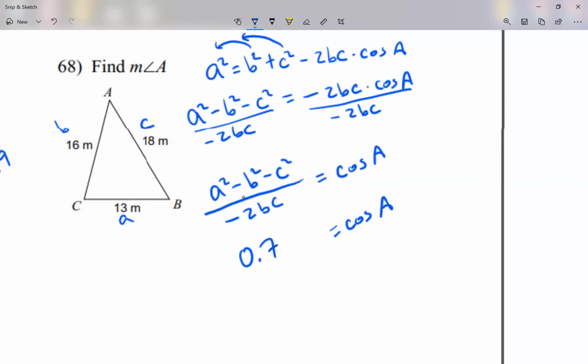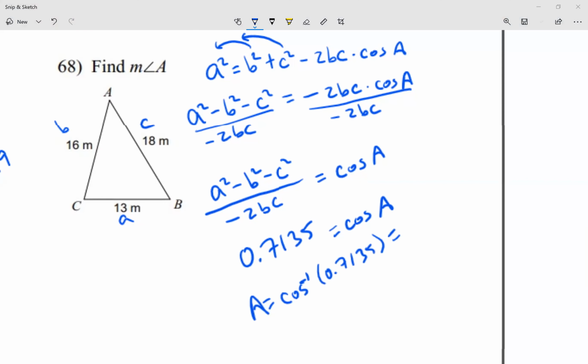So 0.7135. Okay, so I'm good. I'm gonna say that angle A is the cosine inverse of 0.7135. Okay, so I'm almost done.